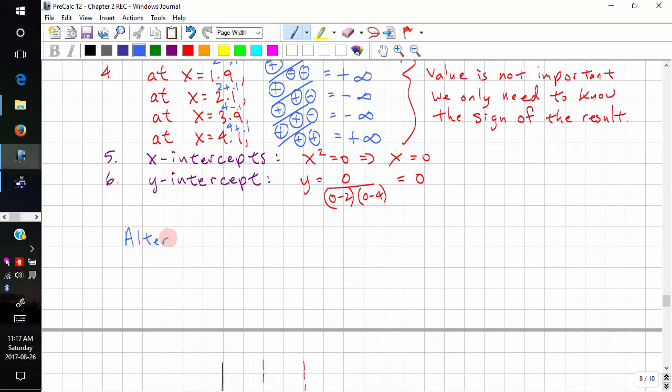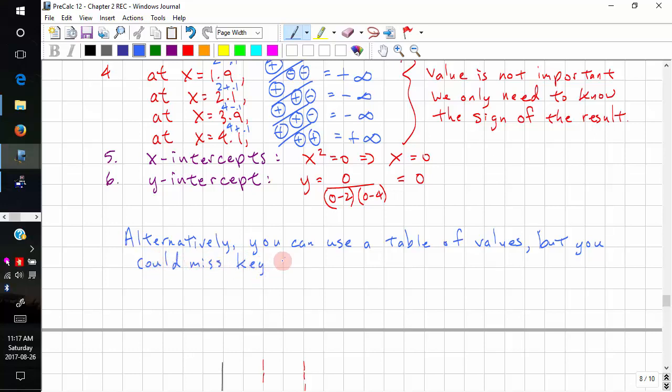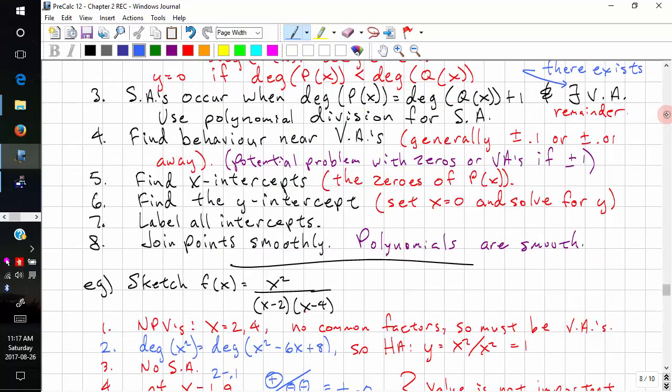Alternatively, you can use a table of values. But you could miss key features. Okay, so those key features is this problem that I mentioned before, number 4.